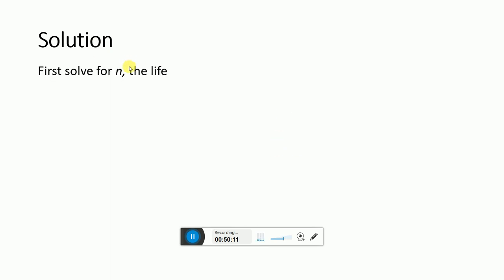So first we have to solve for n, the life in years, where n is equal to 8400 hours divided by 1400 hours per year. So it comes out to be 6 years.